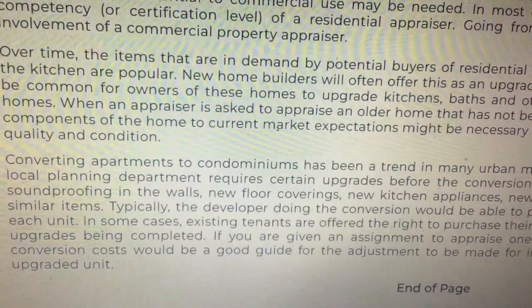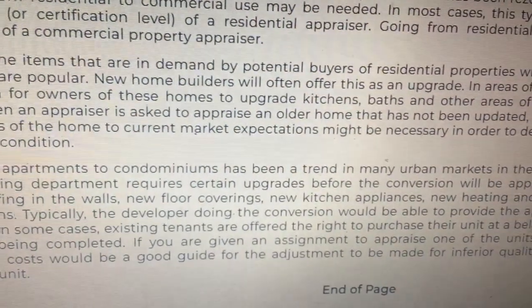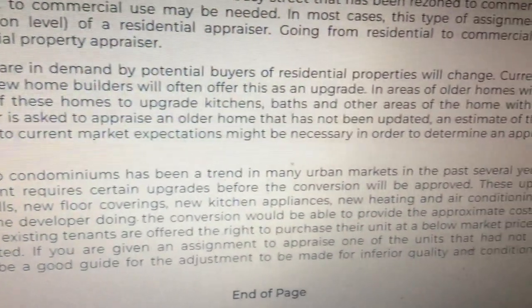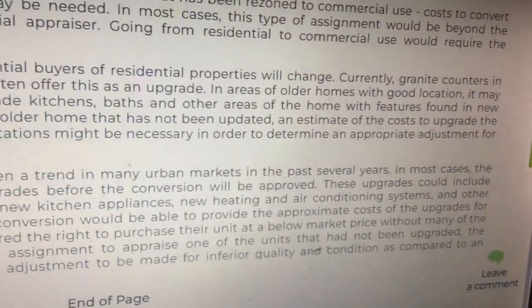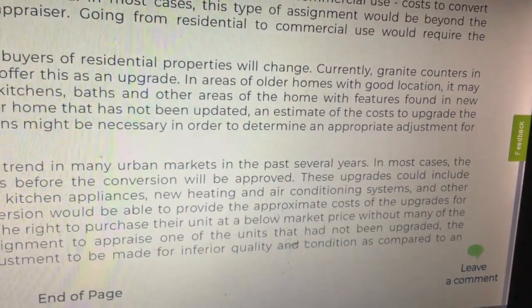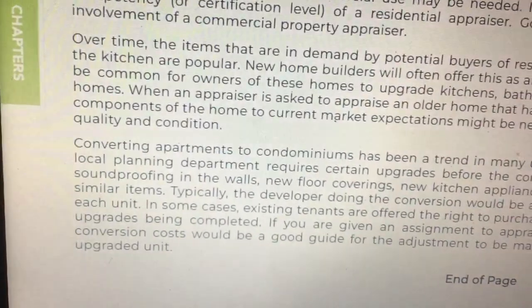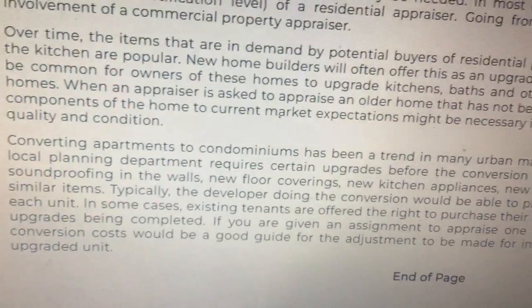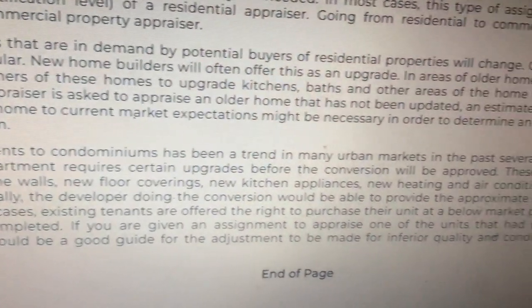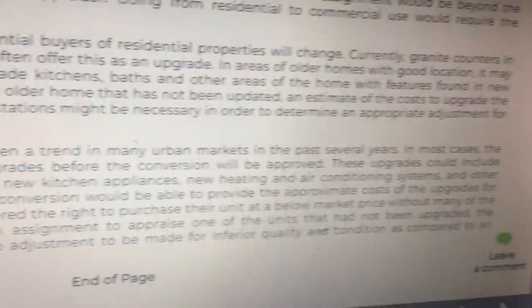Converting apartments to condominiums has been a trend in many urban markets in the past several years. In most cases, the local planning department requires certain upgrades before the conversion will be approved.